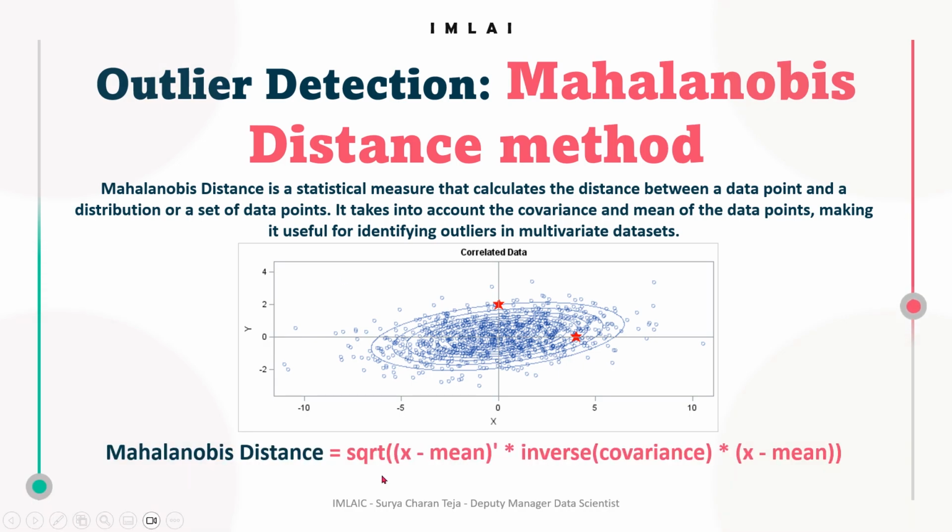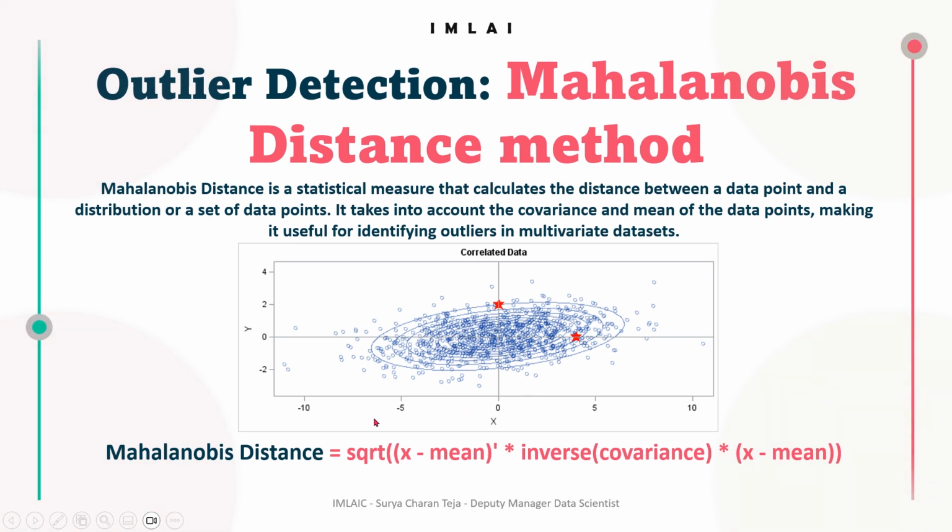Using this. Mahalanobis distance is equal to square root of x minus mean multiplied by inverse of covariance and whole multiplied by x minus mean.